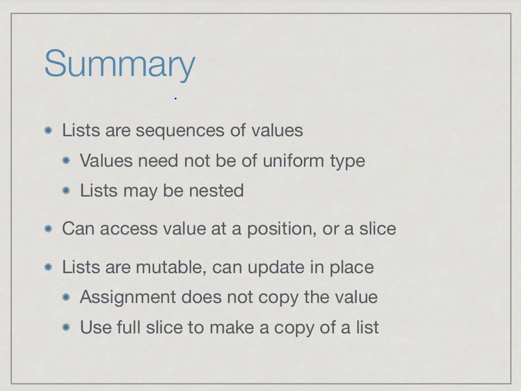So all positions will actually typically have a uniform type, but this is not required by Python. And we can nest lists, so we can have lists of lists and lists of lists of lists and so on. As with strings, we can use the square bracket notation to obtain the value at a position, or we can use the square bracket with colon notation to get a sublist or a slice.